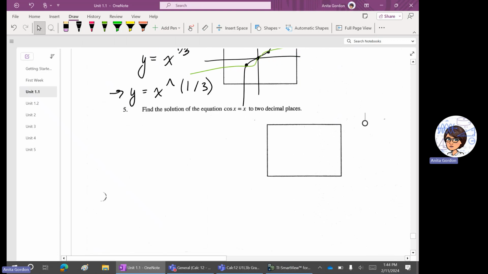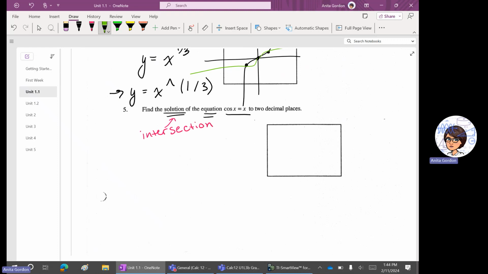Last one, find the solution of the equation cos x equals x. When we are looking for the solution, we are looking for the intersection.